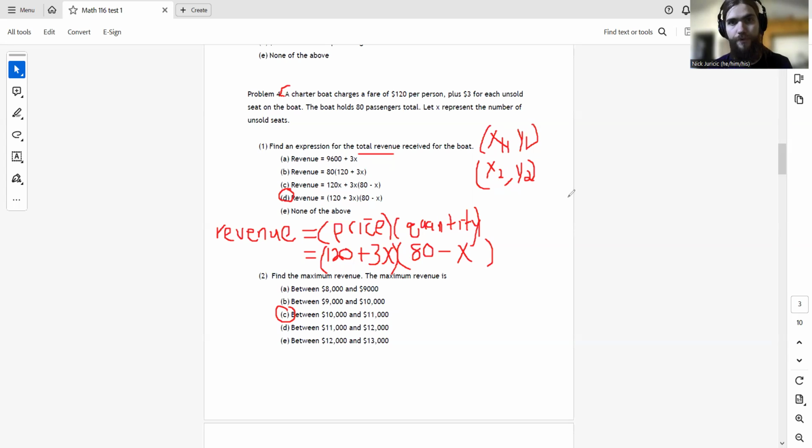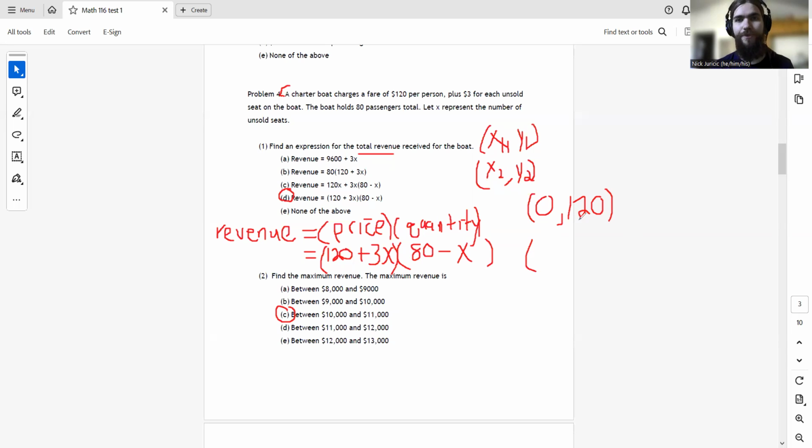So just for example, let's say X represents the number of unsold seats. If there are 0 unsold seats, that's when it's going to be the cheapest for everybody. That's when they're going to charge $120 per person. Whereas on the other end of the spectrum, if there were 80 unsold seats, I guess no one would be charged, right?